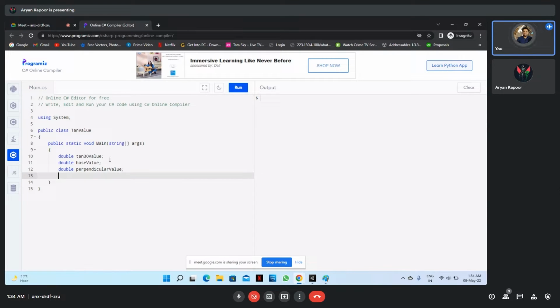Just write anything, like we are taking constant variables, whatever. It's a good practice. You can write anything, like taking the given values and finding whatever you like. It's up to you.